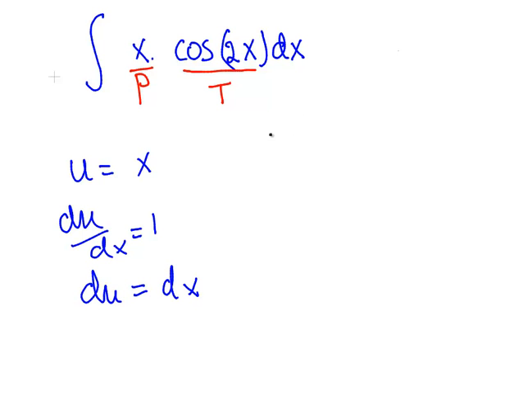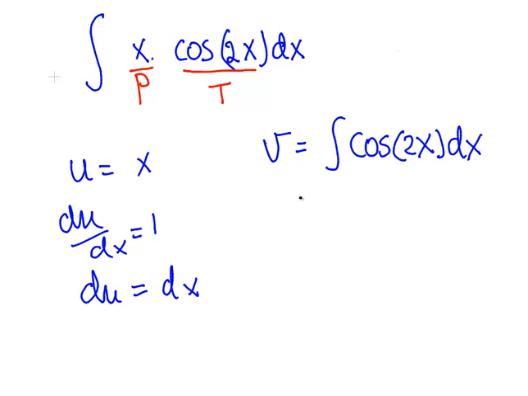The reason we have cos 2x here is as follows: v is the integral of cos 2x dx, and that is sine of 2x over 2.